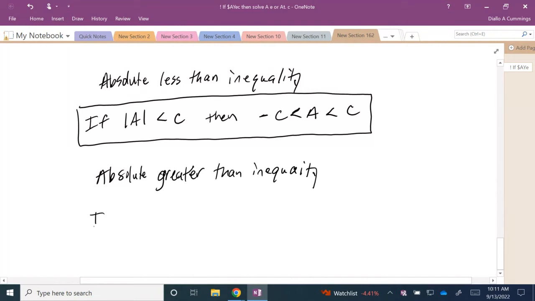And it says that if the absolute value of A is greater than C, then A is greater than C, and at the same time, A is less than negative C.